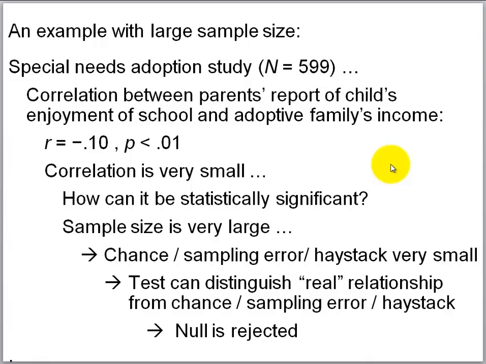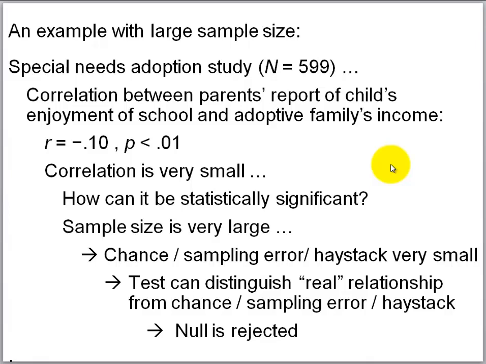The difference was only about, I think, 1/20th, or maybe even less than that, of a standard deviation. It was a tiny, tiny difference, much smaller than our definition of what a small difference is in terms of standard deviations.